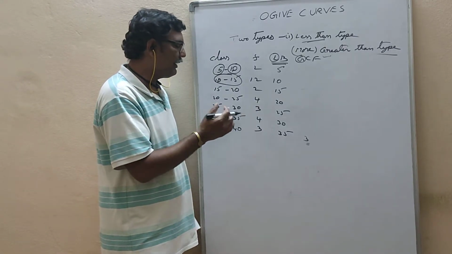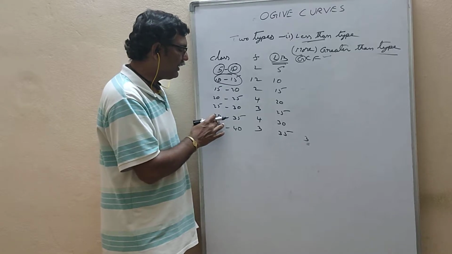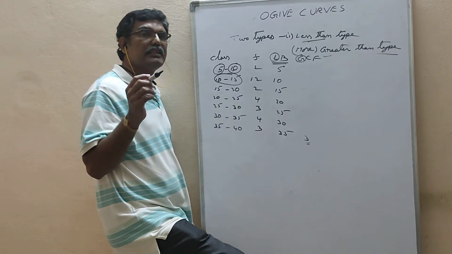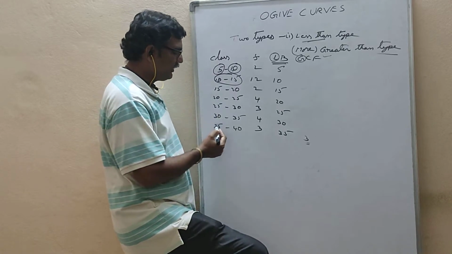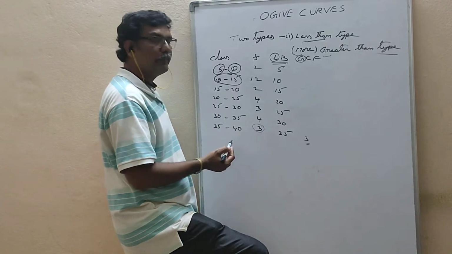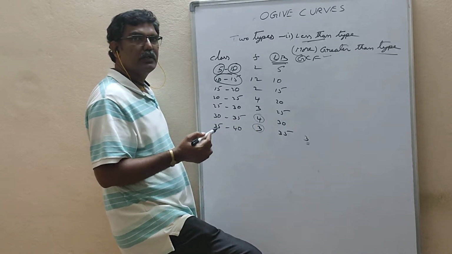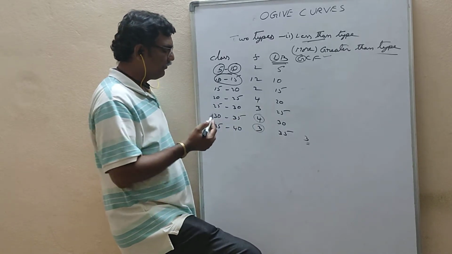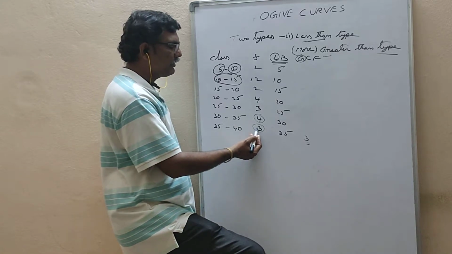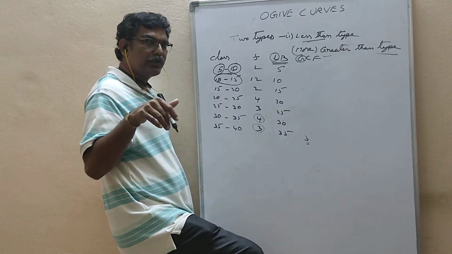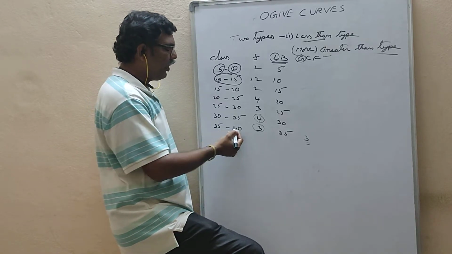In this class you have to make the question: above 30, how many members are there? Those who scored marks above 30. 35 to 40 has 3 members, 30 to 35 has 4 members. So my question is, above 35, how many members scored?